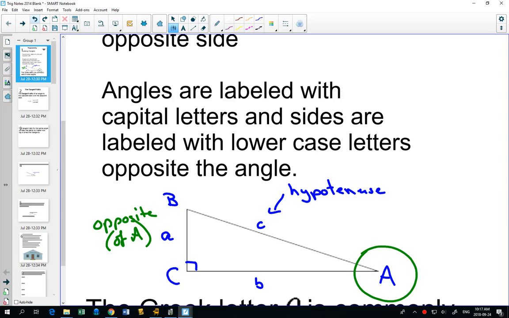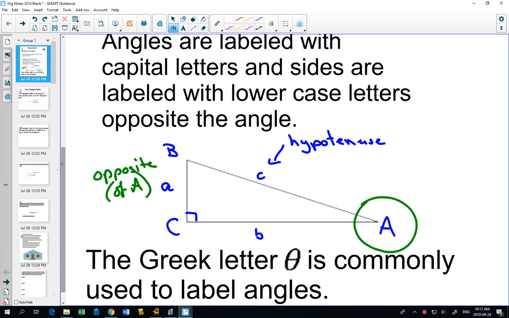And this side here, B, if we're talking about angle A, that's the adjacent side. And I'll put of A in brackets there.